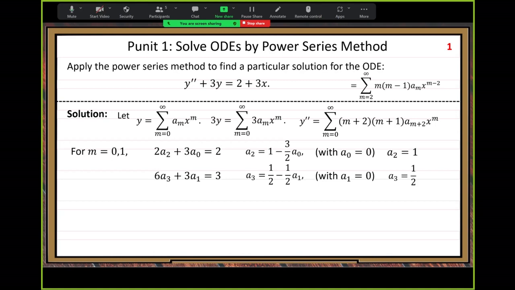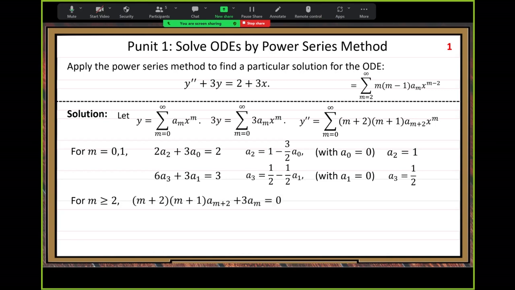So you get a3 value. All right. So then the general case. The first 2 are special cases. The general case, when m greater or equal to 2, then we write the general. So general right-hand side 0. Because after the first 2 terms, remaining terms are 0.